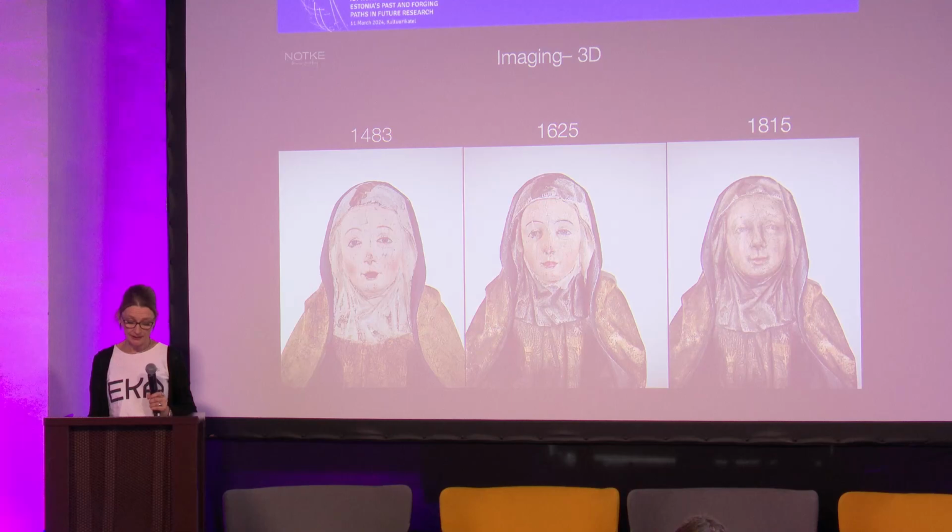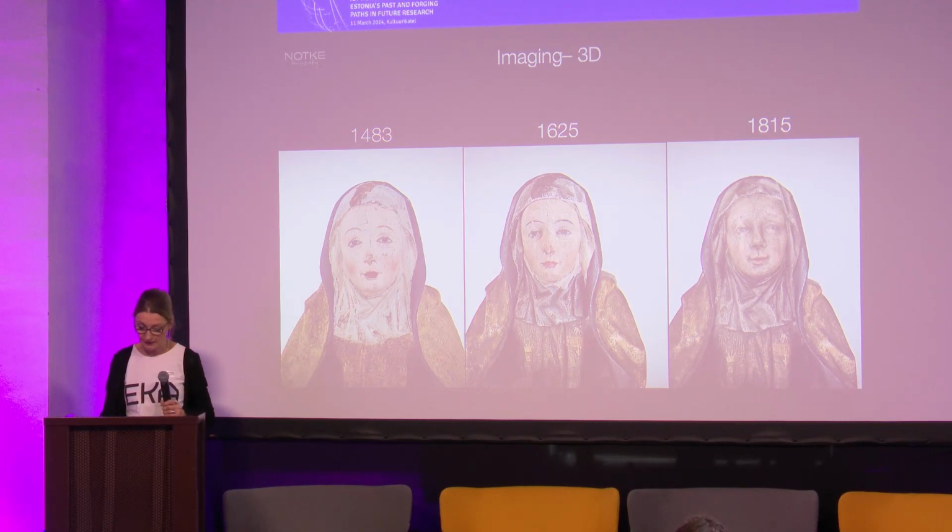During the conservation, the original layer by Bernt Notke was revealed, but as the later paint layers from the 17th and 19th century have also a high historical value, 3D documentation was the only possibility to preserve them.